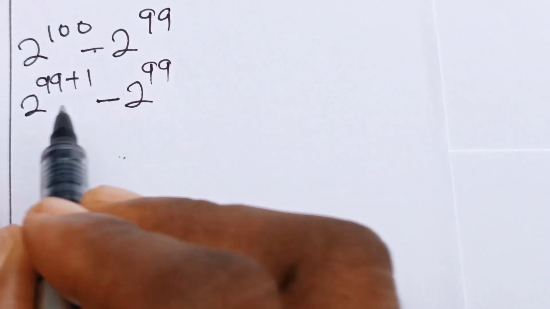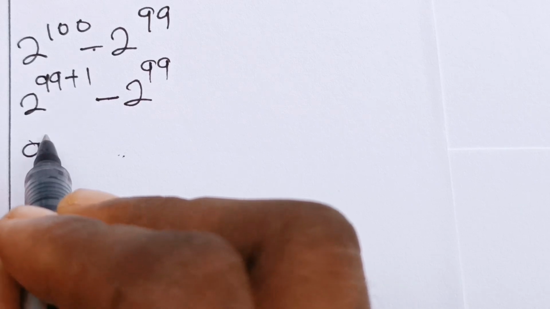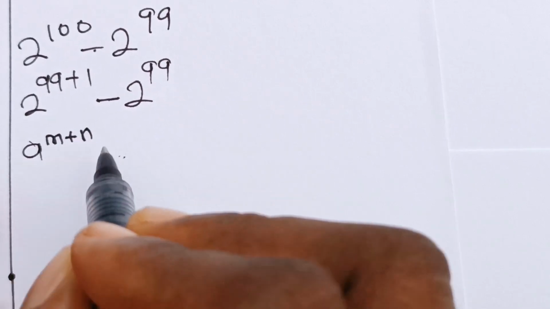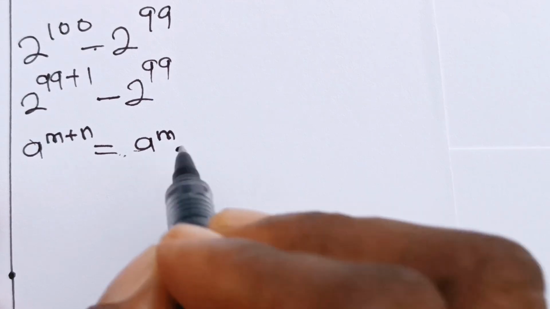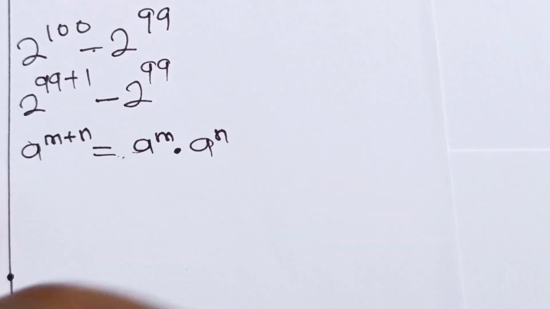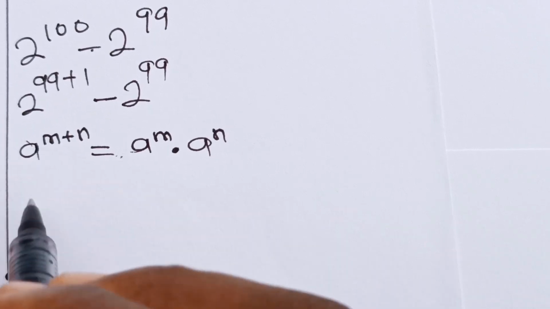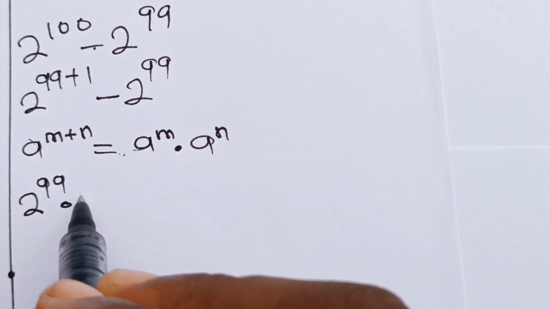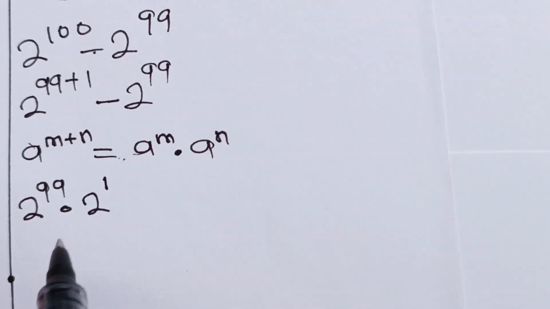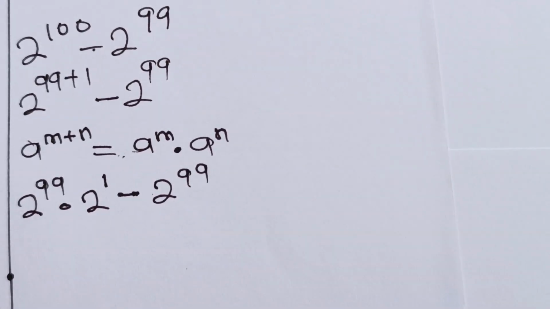Before we factorize, we make use of the fact that a to the power of m plus n is equal to a to the power of m multiplied by a to the power of n. Therefore, we can rewrite this as 2 to the power of 99 multiplied by 2 to the power of 1, minus 2 to the power of 99.